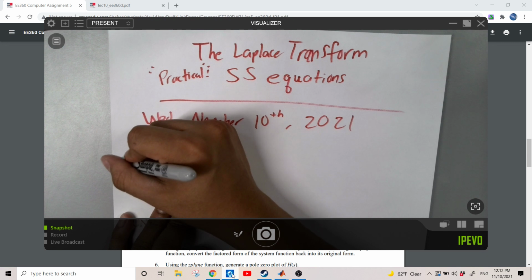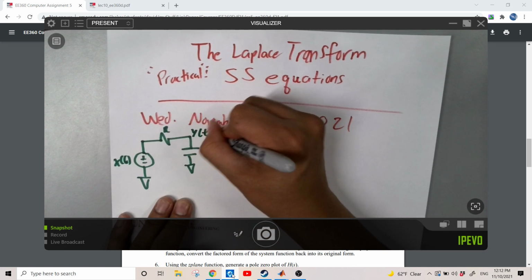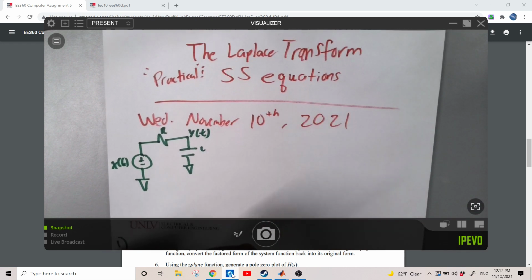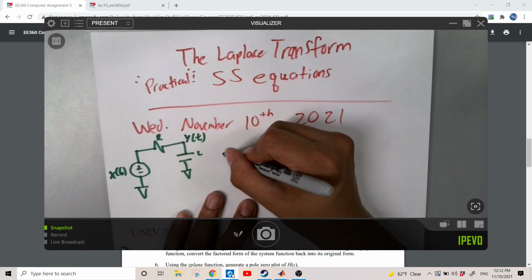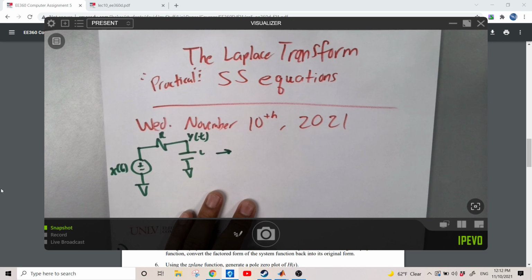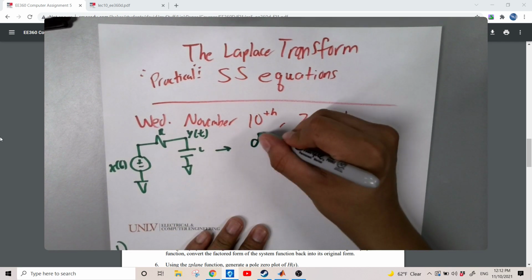I'm going to call this one x of t, and this is y of t. Then we solved for our equations, and if you remember from last time, we figured out we can represent this differential equation by the following.